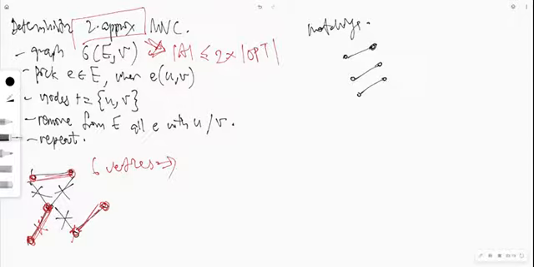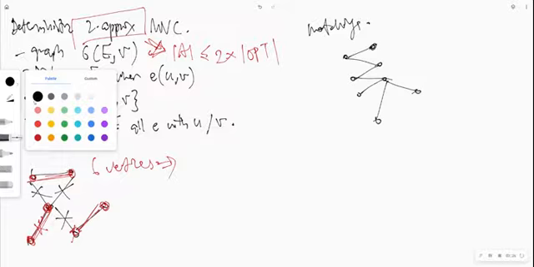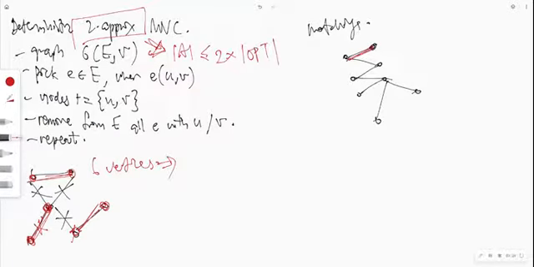So for a graph, we can have many different matchings. So let's just pick one matching here. So let's say we pick this, this, and this. Okay, we can see that we can't pick all these because picking all these will make one of the vertices have more than one edge.